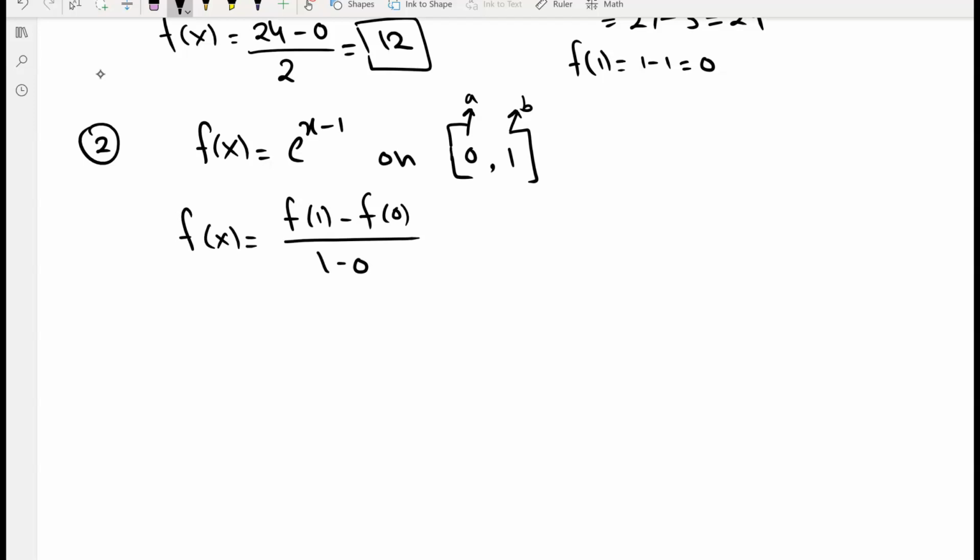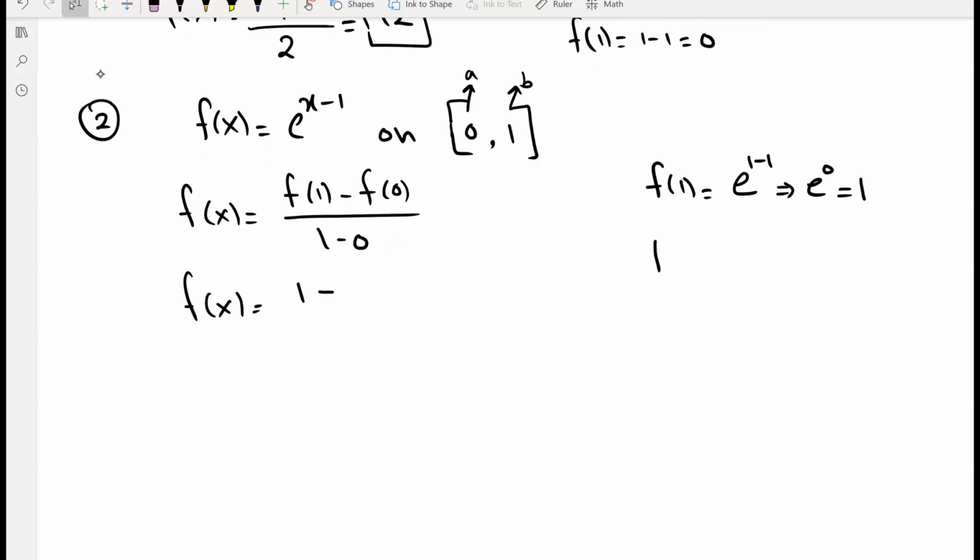Let's calculate the f of 1 value on the side. Substituting 1 in this function, f of 1 equals e to the power of 1 minus 1, which gives e to the power of 0, and e to the power of 0 is 1.